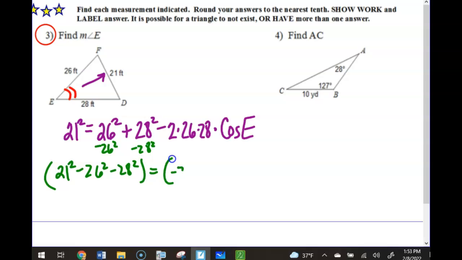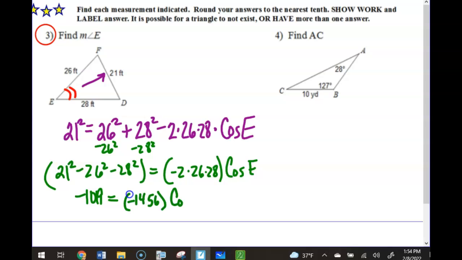Left over here, I have a -2, a 26, and a 28, all multiplied by the cosine of E. If I type 21 squared minus 26 squared minus 28 squared, I get negative 1019 over here. Anybody else getting that? If I type -2 times 26 times 28, I get negative 1456 times the cosine of E.